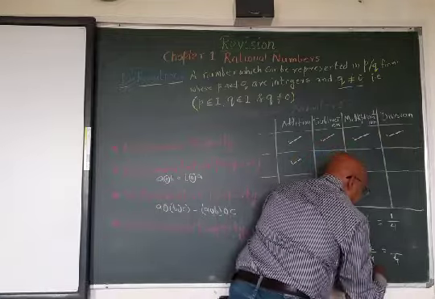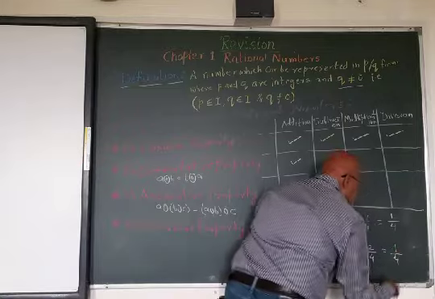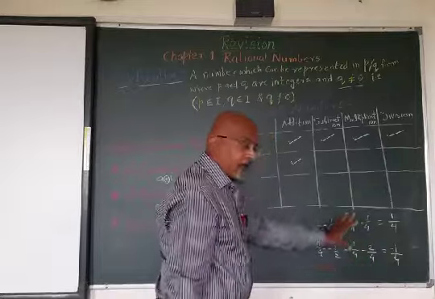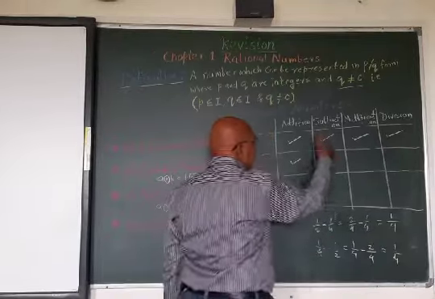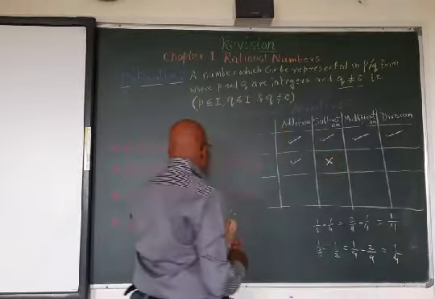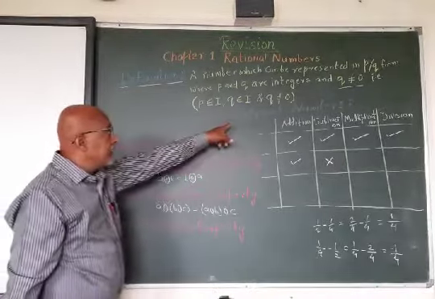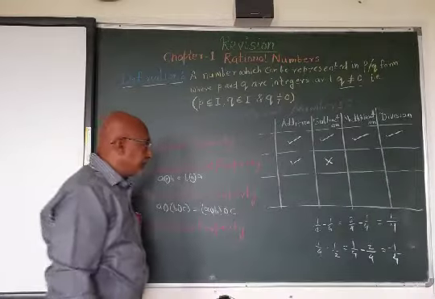So we get here minus 1 by 4. See here, they are opposite numbers, so they are not the same. So we can say subtraction is not commutative in rational numbers.